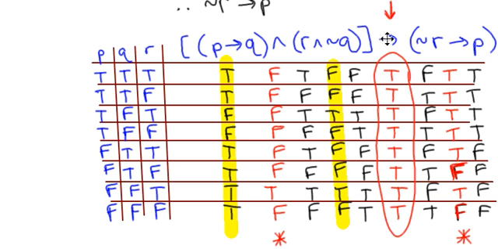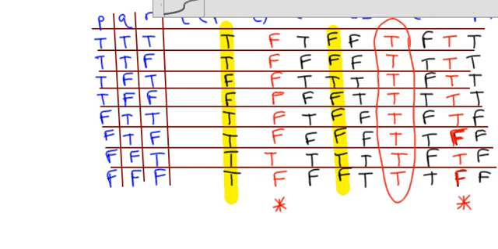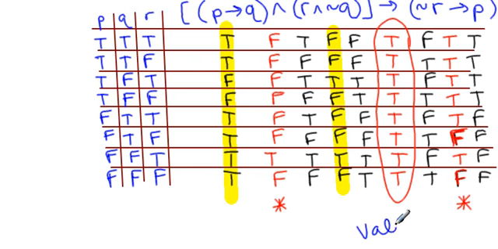And then when I go to compare for the conditional, the answer column from the antecedent and the consequent, the only way that I can come up again for a conditional statement with a false conclusion would be if I have an if true then false. Well, here I have all false except for one true, and this is an if true then true, so that one turns out to be true. So in my answer column, I have all trues, which means that it is a valid argument.